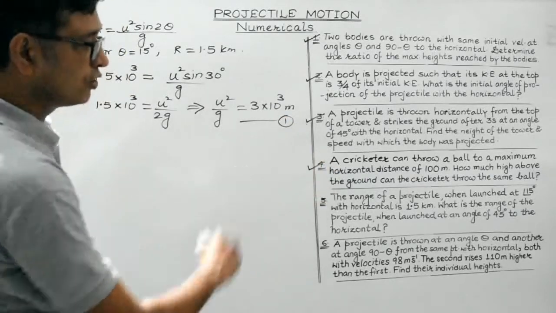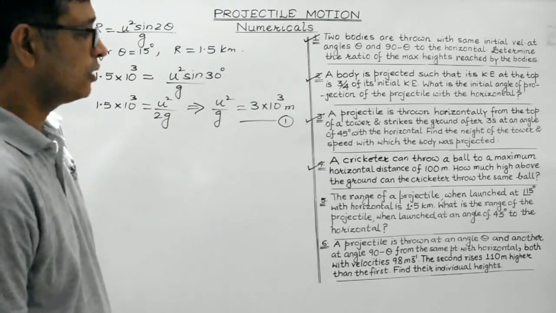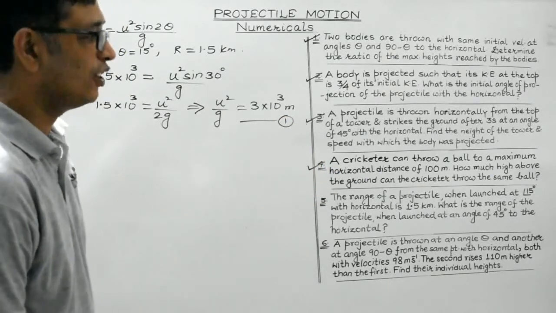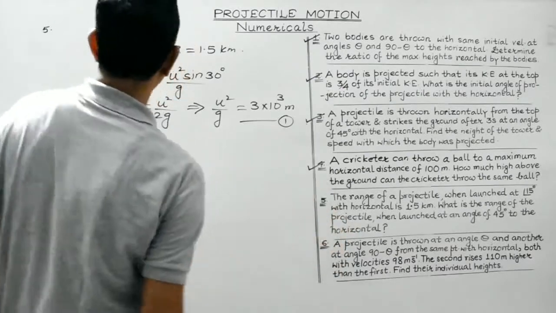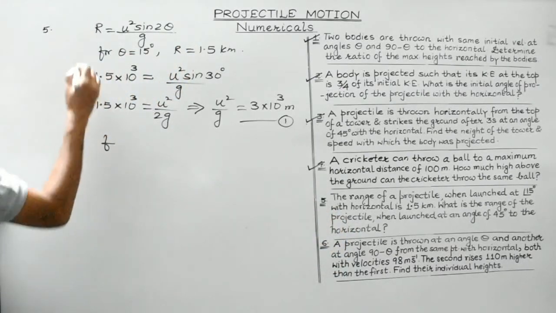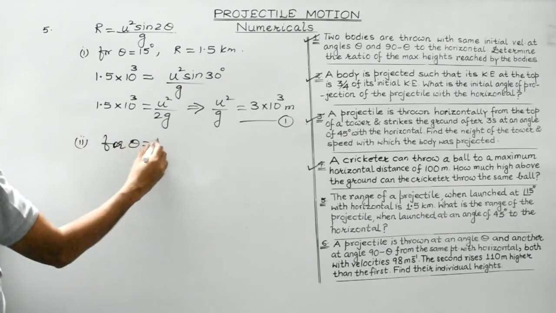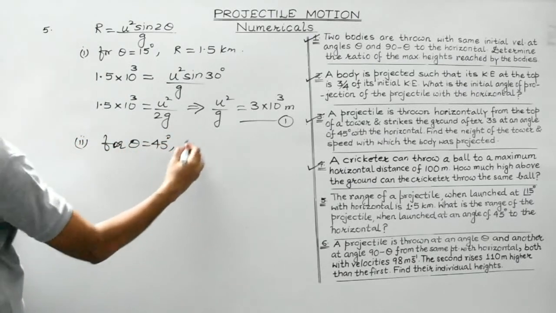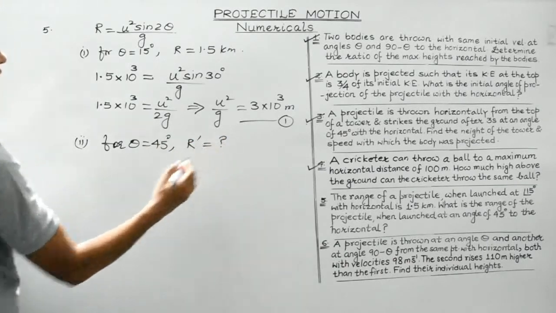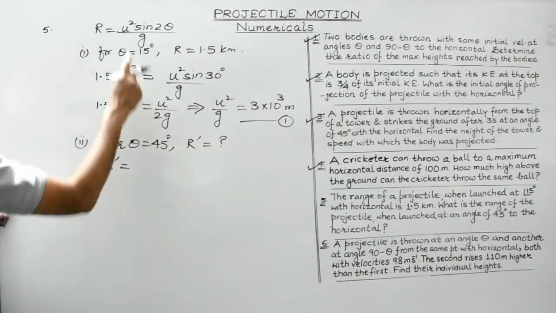Now let's consider the second part. What is the range of the projectile when launched at an angle of 45 degrees to the horizontal? Now, this was the first part. Second, for theta is equal to 45 degrees, range is to be found. So over here, what will be the formula?